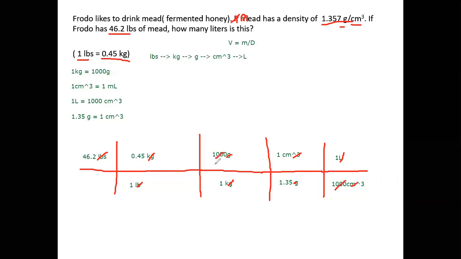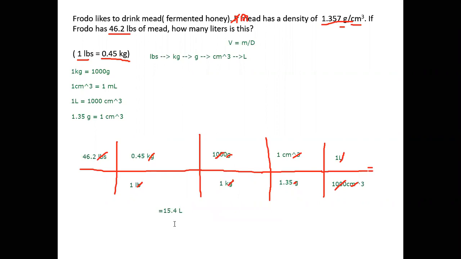They cancel each other out. So now you multiply everything on top, divide by what's on the bottom, and the calculator tells me 15.4 liters.